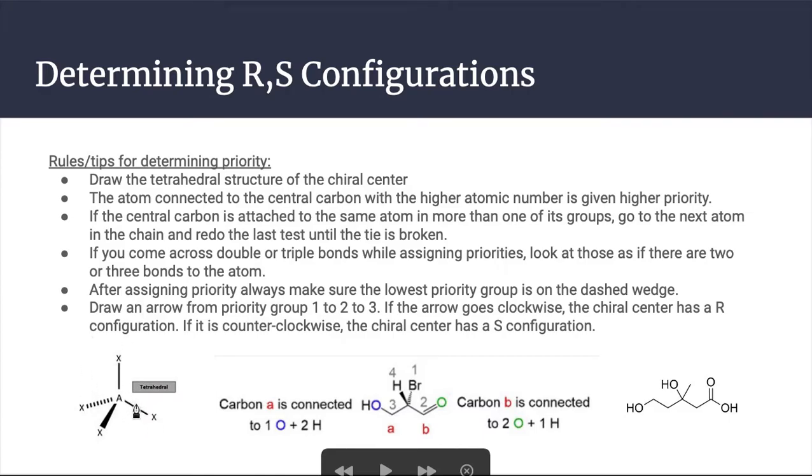And I would draw it this way to give myself less chances of confusing myself. I wanted to make sure that I didn't confuse which carbon I was looking at when assigning priority, which will make sense in a minute. So I just drew structures like this.